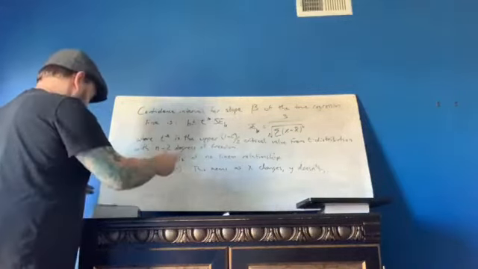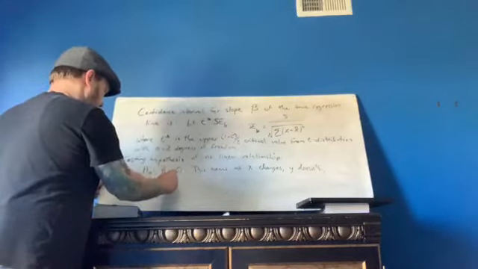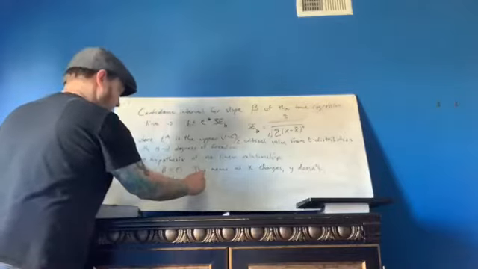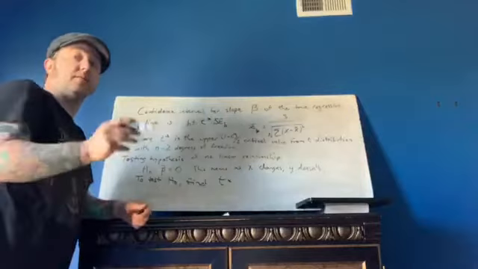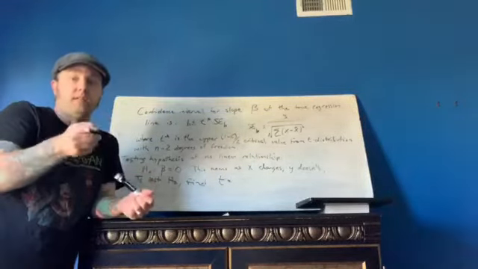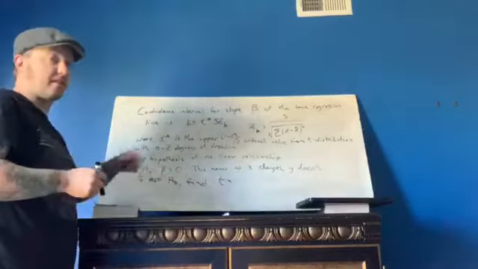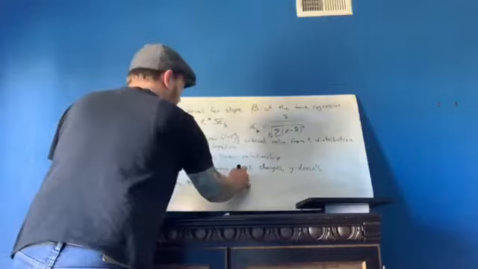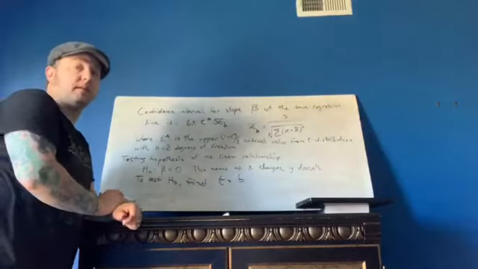Okay? So to test H naught, we're going to find our t statistic. Remember the formula? Standardized test statistic equals what? Statistic minus parameter over standard deviation of statistic. Well, statistic is b minus what?